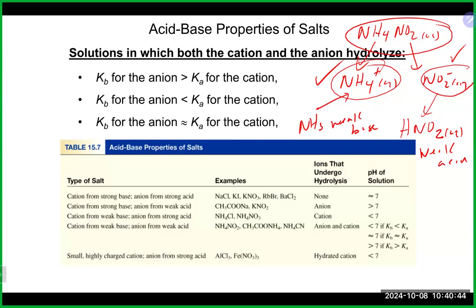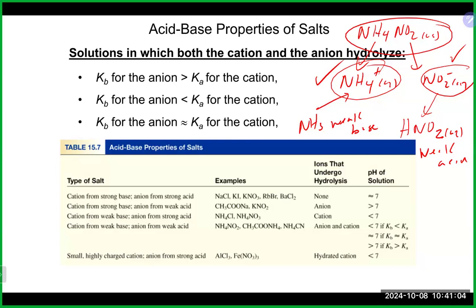So in a situation like this, if you happen to come across a salt where you think both of them will go through hydrolysis, what we do is we actually compare the Ka value to the Kb value, and whichever one is larger, that is pretty much what we predict the salt would do.